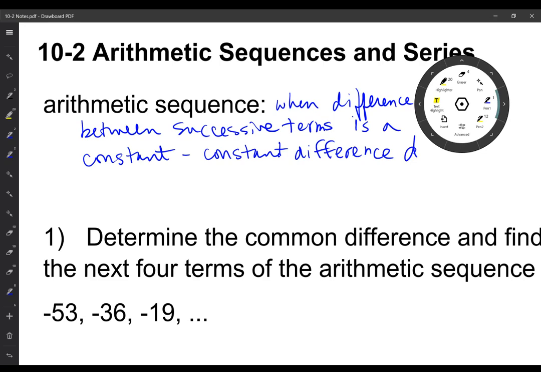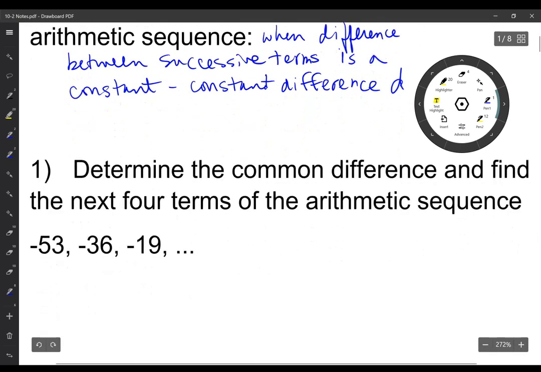So in number one, we're going to determine the common difference and then find the next four terms. So from negative 53 to negative 36, I would subtract those two, figure out if it's going up or down. And it's actually going up, right? The numbers are becoming increasingly less negative. 53 minus 36 is 17. So we are adding 17 each time.